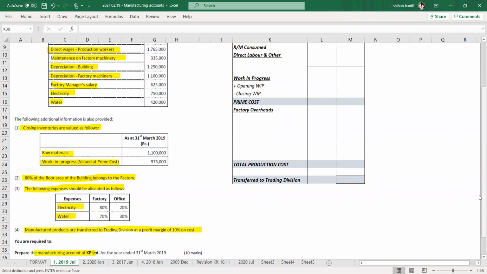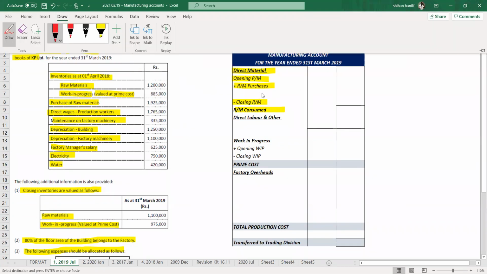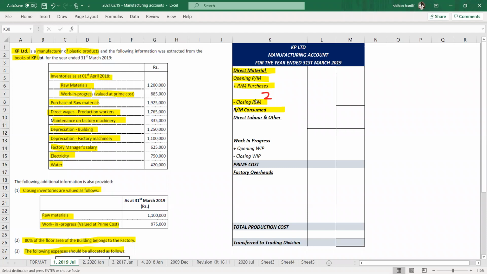Right. So first thing, we draw the manufacturing account format, starting with direct material: opening material plus raw material purchases minus closing raw material. Answer is raw material consumed. Here you may keep 2 or 3 lines, for any returns or carriage inwards.